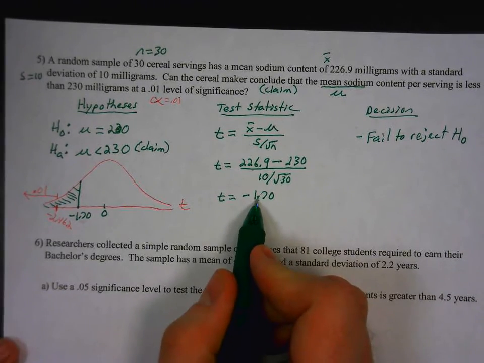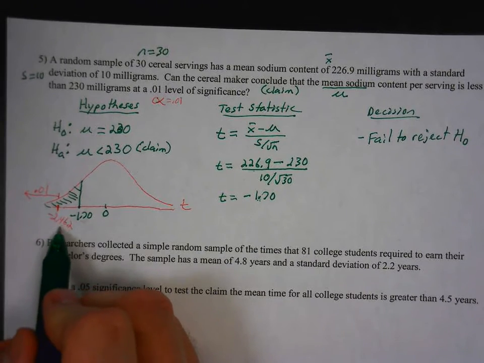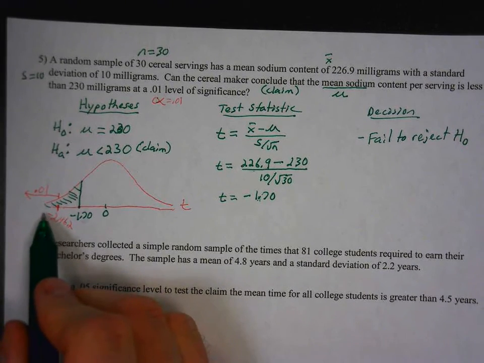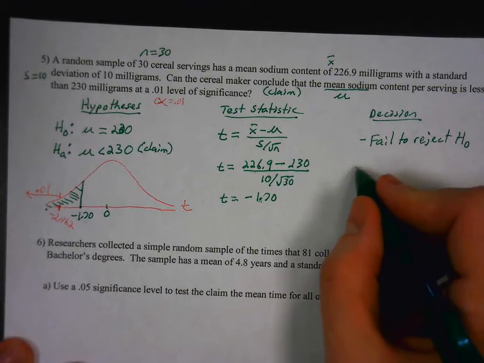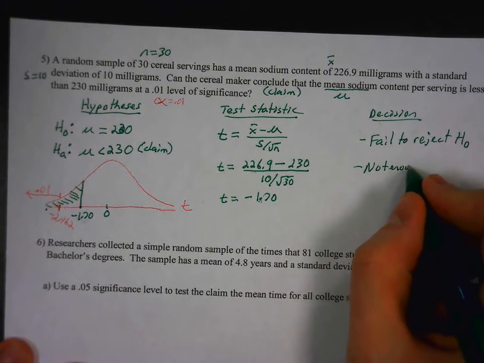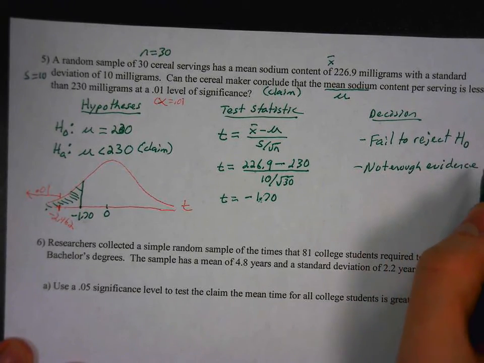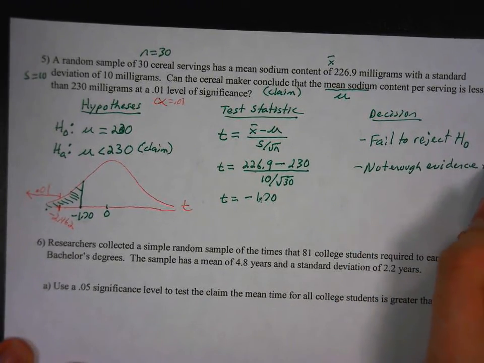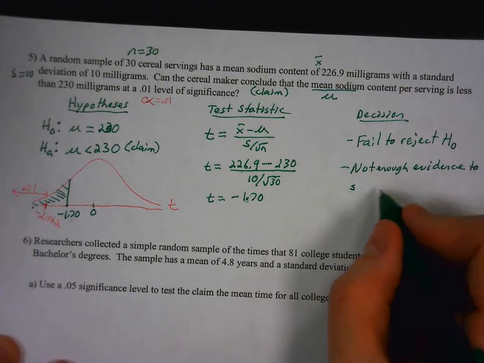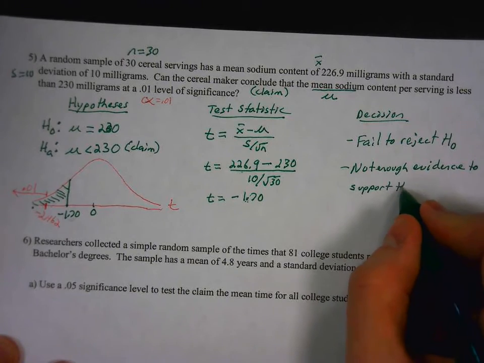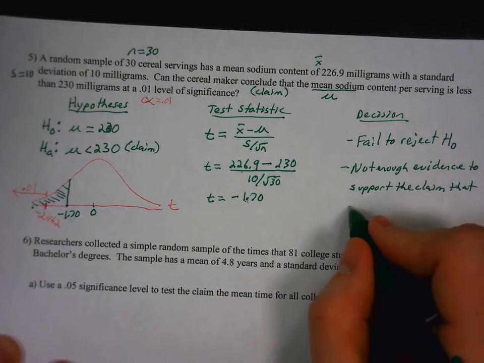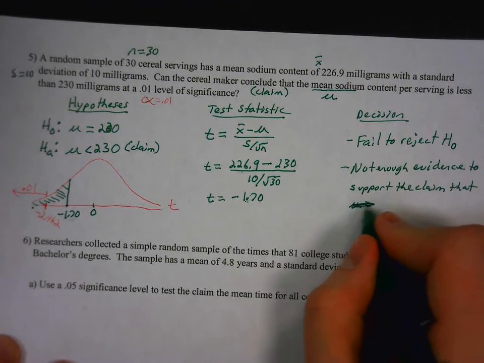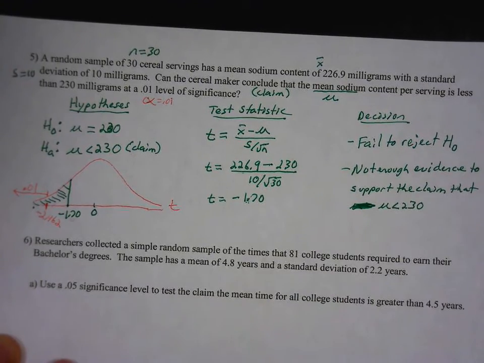If that t-value was to the left of negative 2.462, like negative 2.5 or negative 2.6, then we would reject H0 because that value would be more extreme than what we were willing to accept. So we failed to reject H0, which means not enough evidence to support the claim that mu is less than 230.